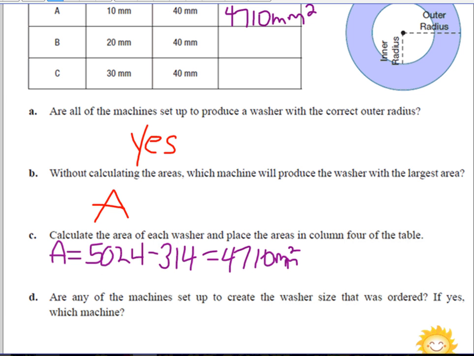For washer B, we have the same outside radius, so we're going to start off with the same size outer washer. Well, let's call it a disc, I guess, until it gets punched out. Minus, now we're doing 20 for our radius, so 3.14 times 20 squared is what we'll subtract, and when we do that, we get 1256.